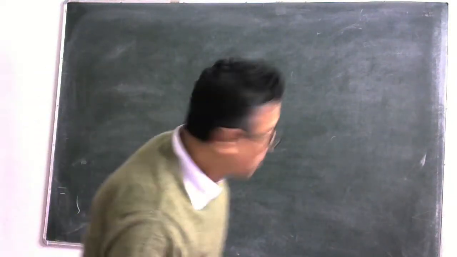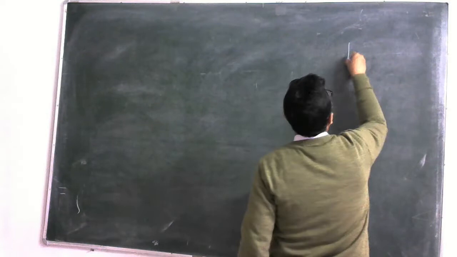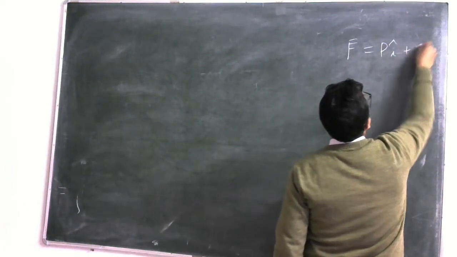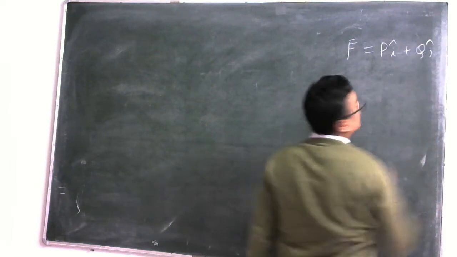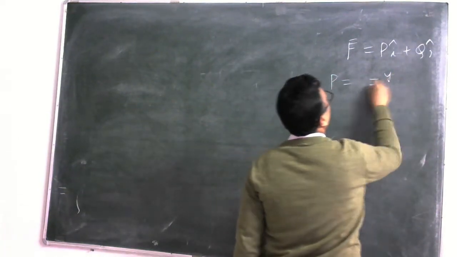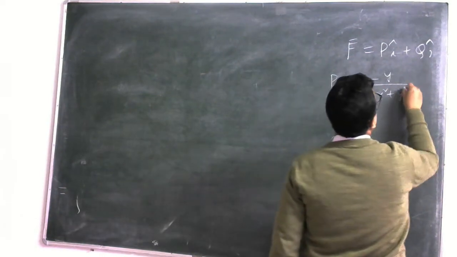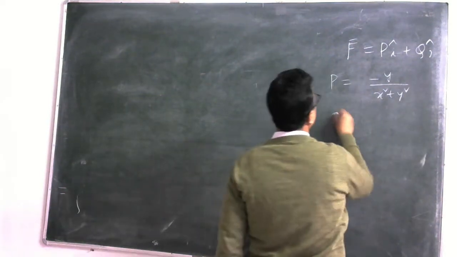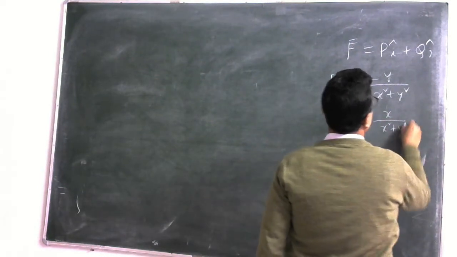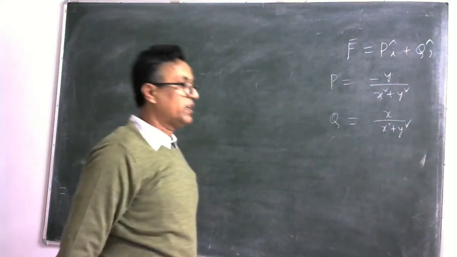So if you recall, my function was of this form, P i plus Q j, where P was equal to minus y by x squared plus y squared, and Q was equal to x by x squared plus y squared. Okay, fine.